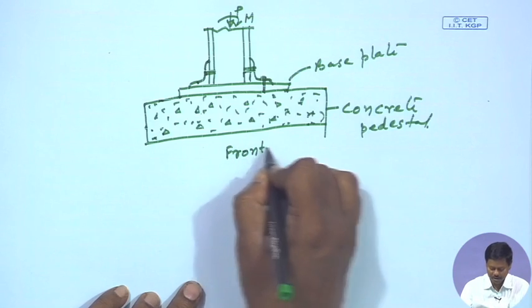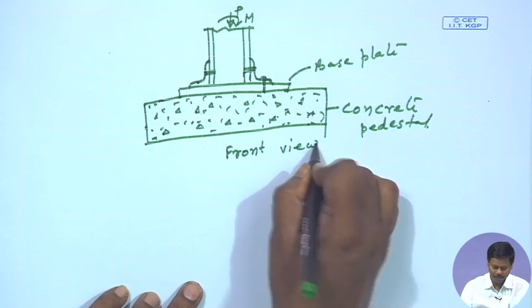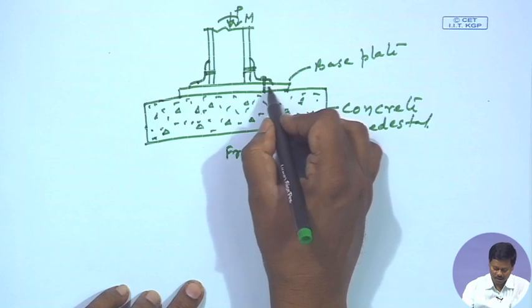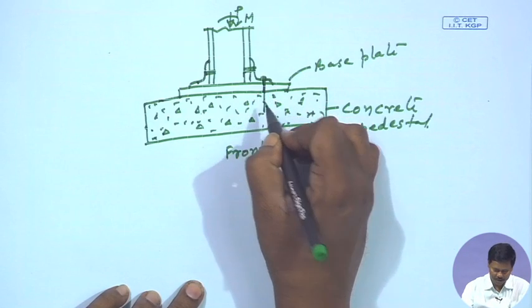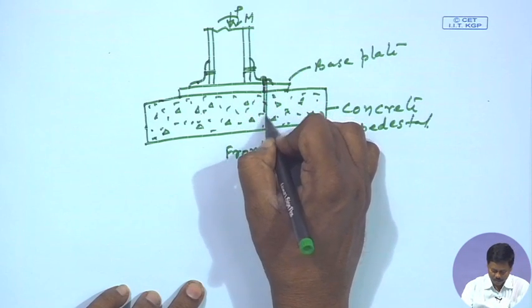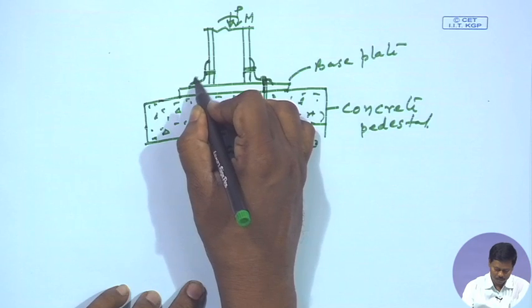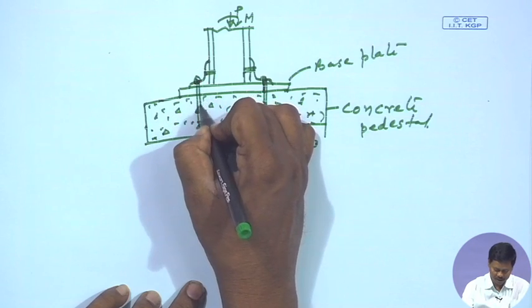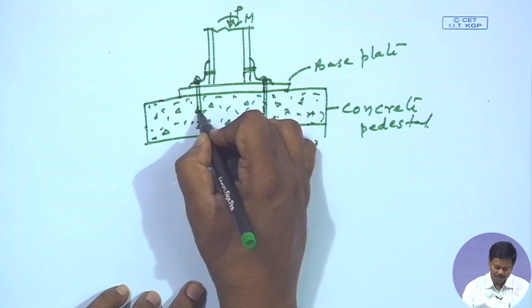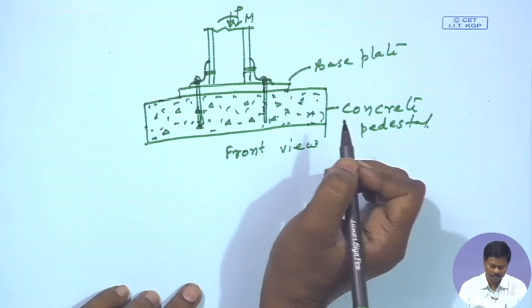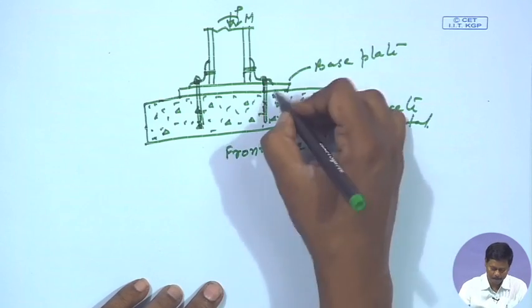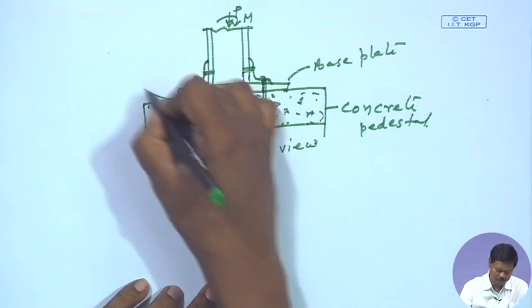If we see, it will look like this, and this anchor bolt will be provided to connect the base plate with the concrete pedestal. This is called anchor block.